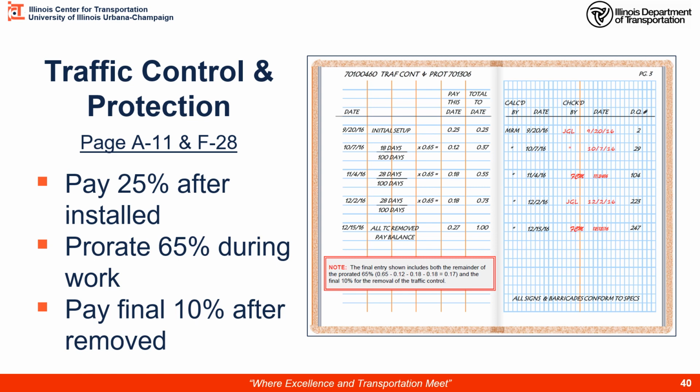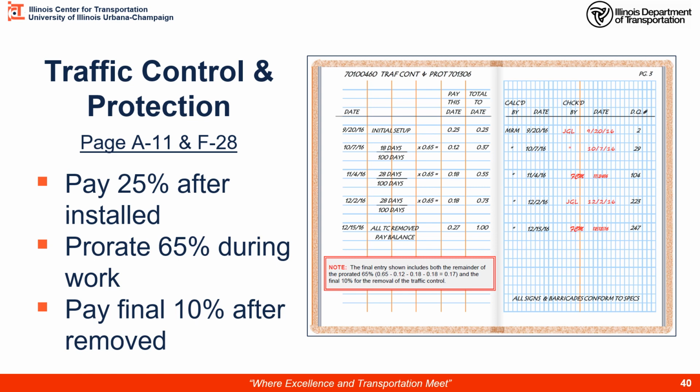So 18 divided by 100 is the fraction of work times 65%, that middle 65% of the lump sum. Or for this pay estimate, I'm going to pay them 0.12. I'm going to keep a total to date, because if my total to date reaches 0.9, I have to stop paying on an estimated basis and wait until it's all done.